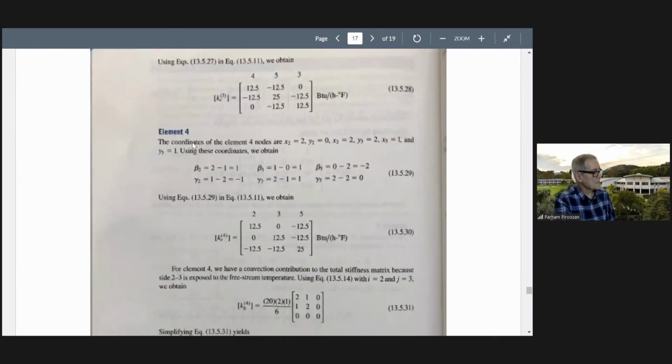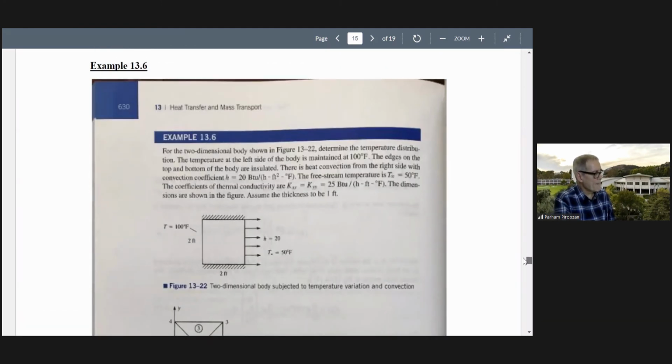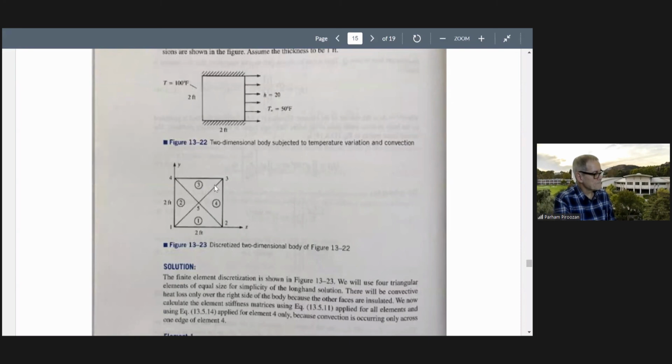And for element 4, it is different in one sense. You see, for elements 1, 2, and 3, we didn't have convection taking place from any side.